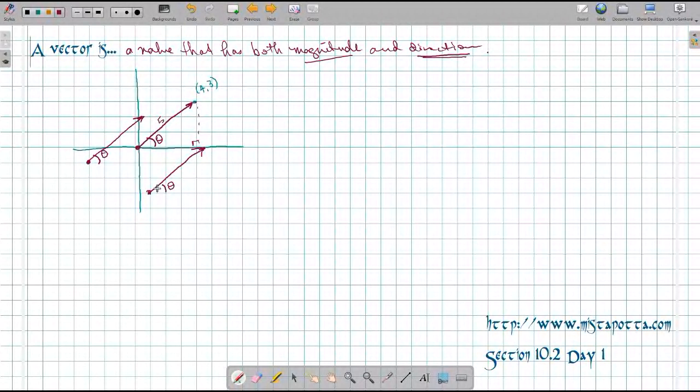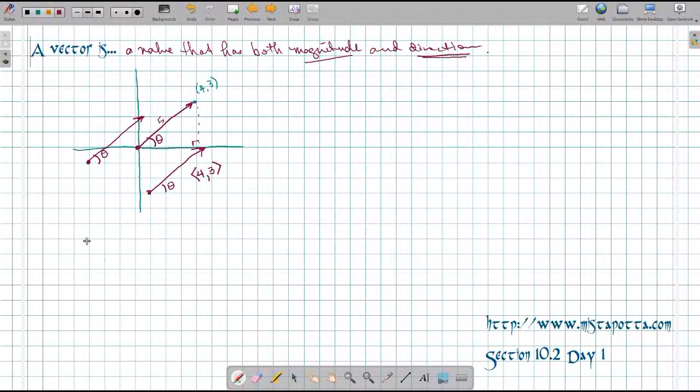They're all going to have a length of 5. So when I talk about a position being the point 4, 3, each one of these vectors has a component of 4 in the horizontal direction and 3 in the vertical direction.